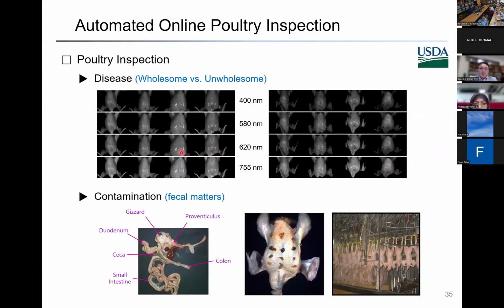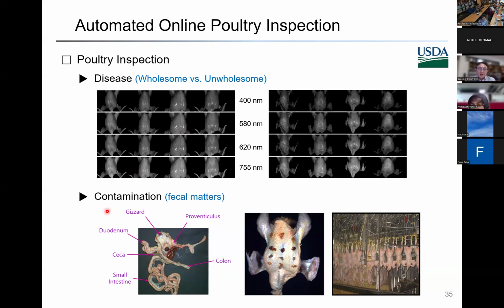With hyperspectral images, they investigate wholesome or unwholesome chicken, and also they investigate the contamination on the surface of chicken.